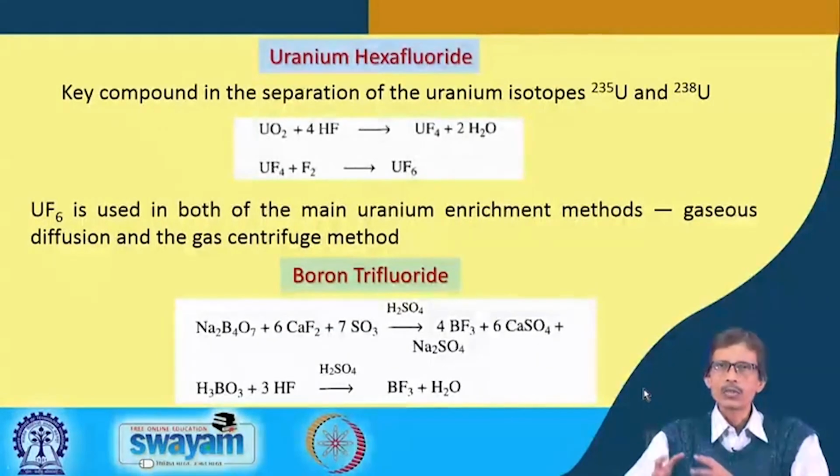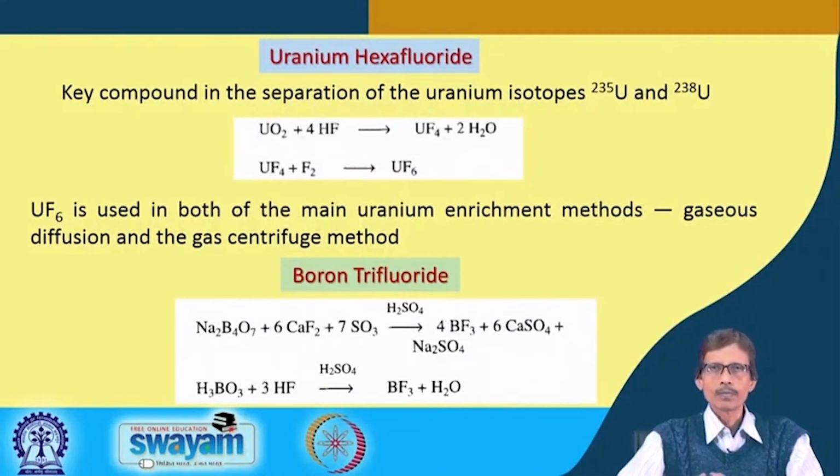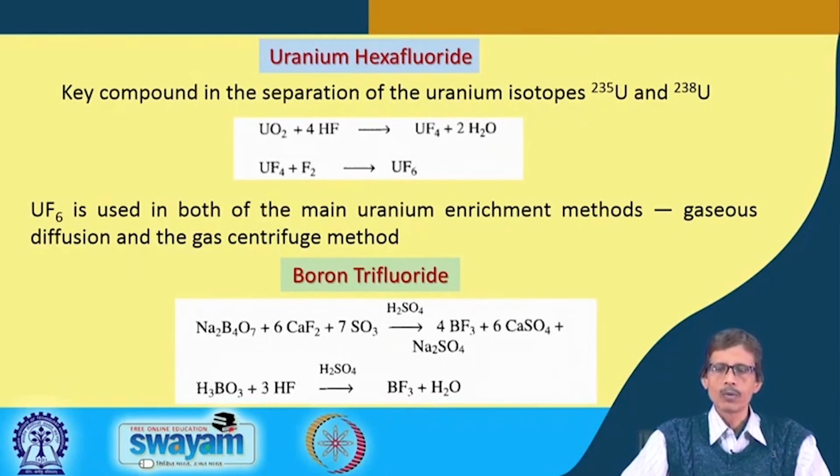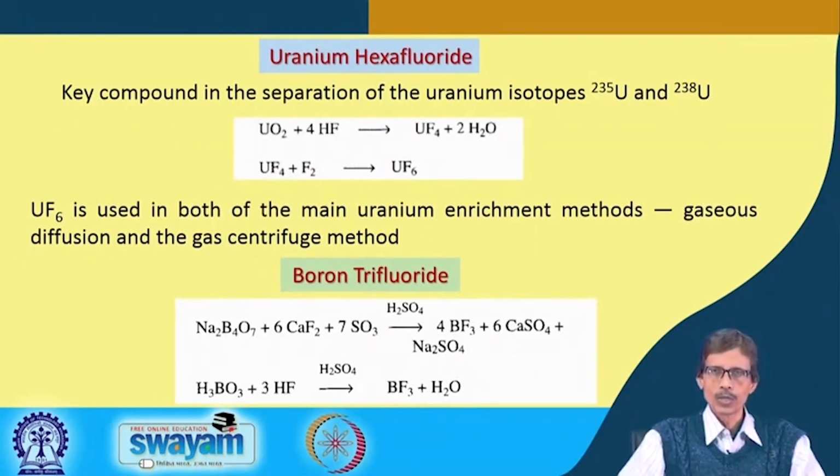These two are your byproducts, and if we are able to separate them from the boron trifluoride, we can have these two materials also as materials which can be useful industrially. If you can prepare a large amount of calcium sulfate, we know that it is nothing but your plaster of Paris type of thing from the gypsum we get, and your sodium sulfate, which we also prepare from elemental sulfur.